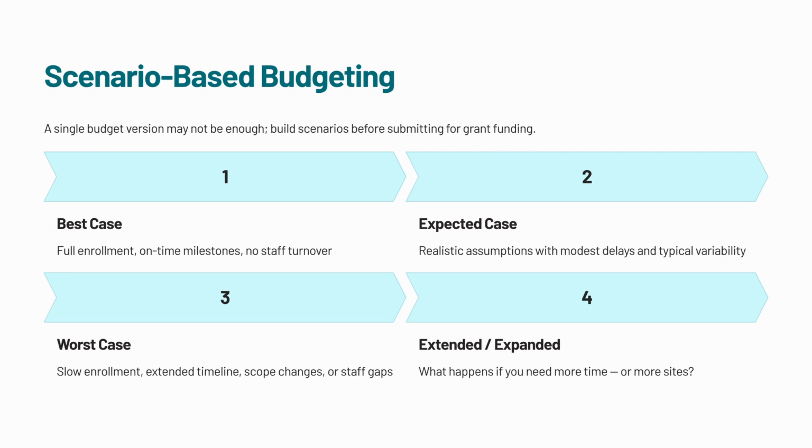The expected case uses more realistic assumptions, including modest delays and normal variability. The worst case asks what happens if recruitment is slow, timelines extend, scope changes, or key staff leave. The extended or expanded scenario asks what it would cost to add time, sites, or activities.